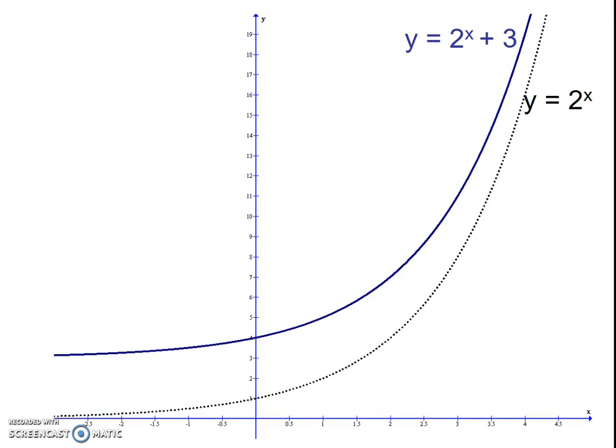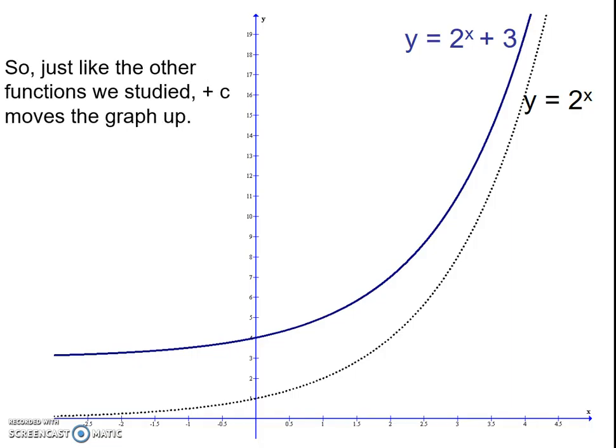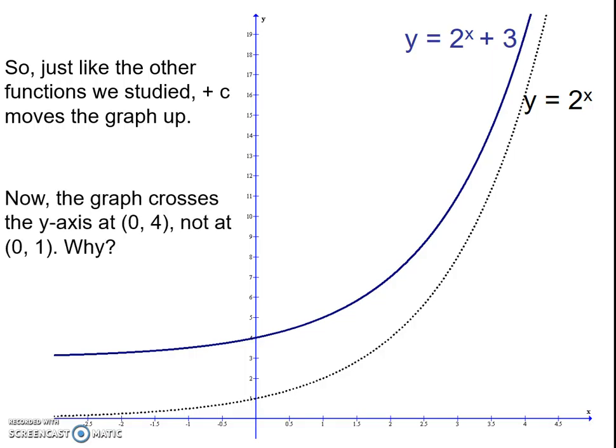Okay, if you put a plus 3 on it, let's just shift everything up, and you would have seen that with straight lines, with quadratics, with other polynomials as well, with trigonometric functions. You put a plus c on the end, it'll just move every point up by c, including the asymptote and the intercepts.